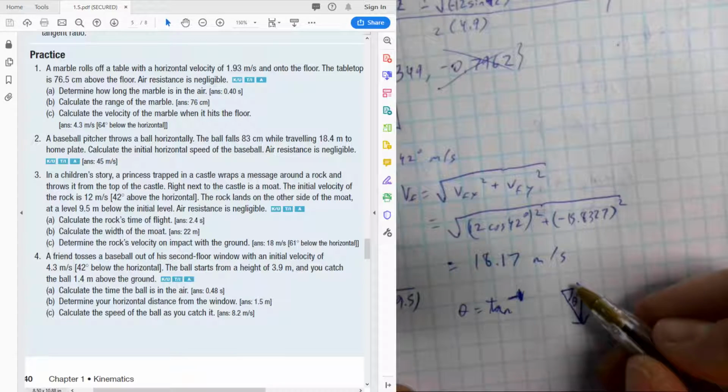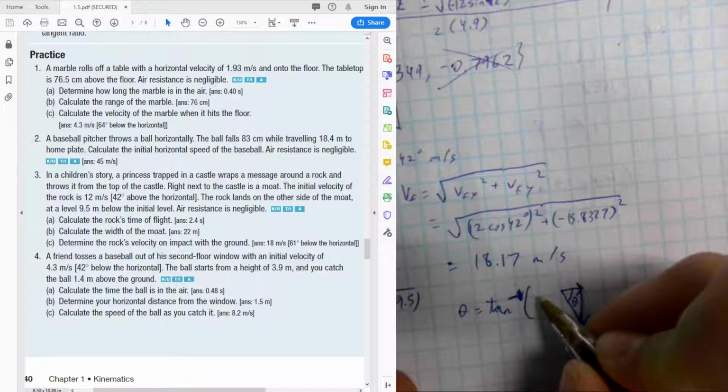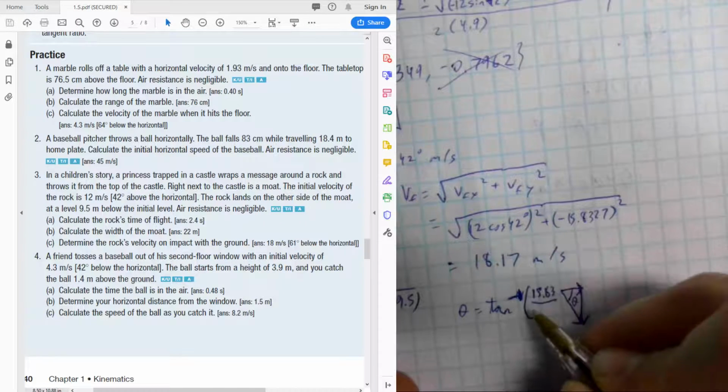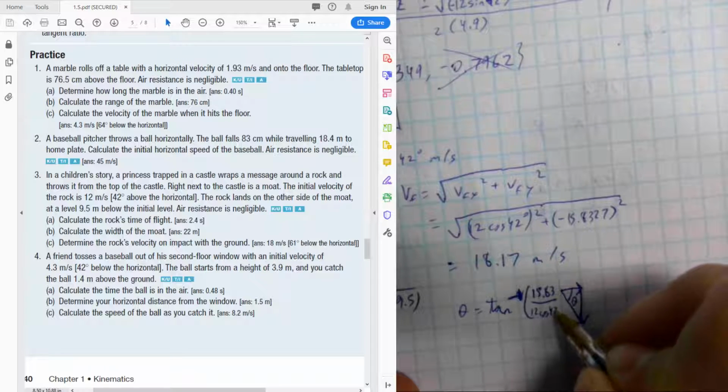If I find the inverse tangent of the y over the x, that would be 15.83 over 12 cosine of 42 degrees.